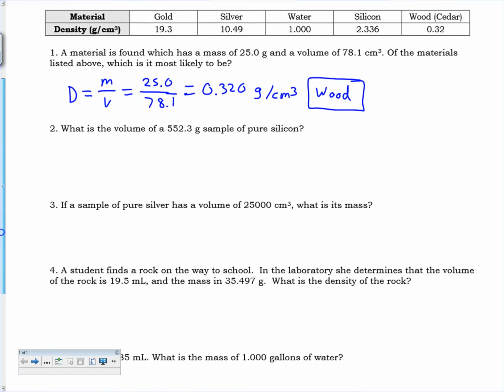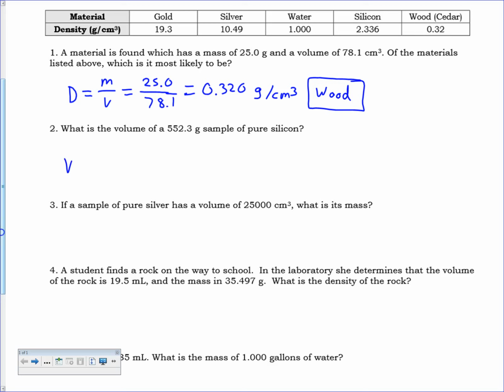Problem number 2 says, what's the volume of a 552.3 gram sample of pure silicon? So we look up silicon here. We see that it has a density of 2.336 grams per centimeter cubed. The thing that we're looking for here is the volume. So we solve it for volume.